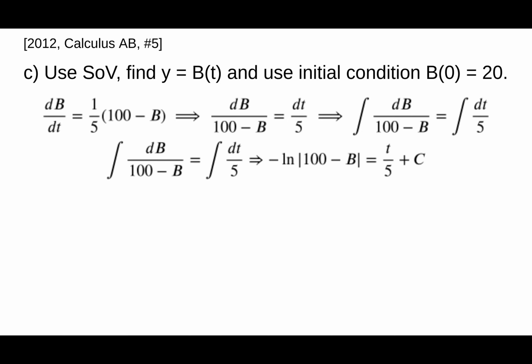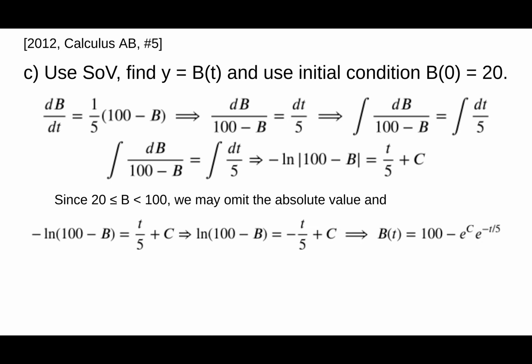So now we have the integral of dB over 100 minus b equals the integral of dt over 5. Anti-differentiating both sides, we get the negative natural log of absolute value of 100 minus b equals t over 5 plus a constant.